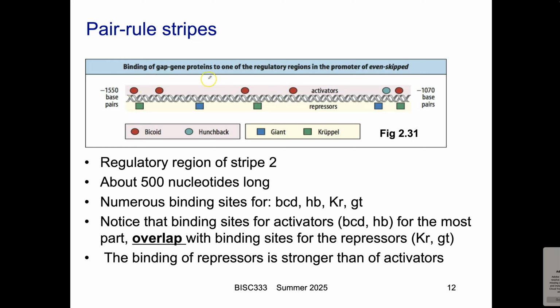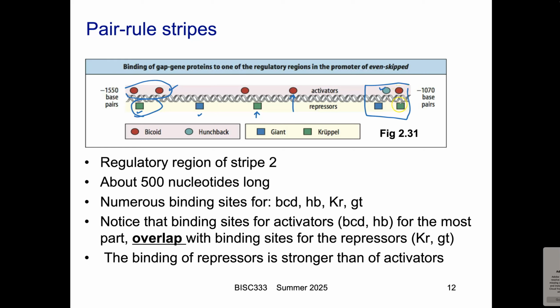So what you have here in this region is your activators, which are bicoid and hunchback, and then your repressors, which are Krüppel and giant. And one thing to notice is that the activating proteins and the repressing proteins are binding in approximately the same positions. It's not 100% true. You have places where there isn't competition, but in the regions where the binding sites overlap, you'll have a DNA site here, and you'll have a bunch of different proteins that are vying to bind here.